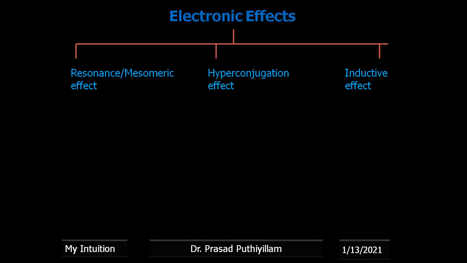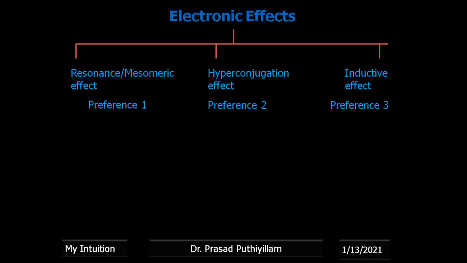Therefore, if you consider an organic molecule which has all three types of possible electronic effects, we always give first preference to the resonance or mesomeric effect, second preference to hyperconjugation, and third preference to the inductive effect. This is because the resonance or mesomeric effect is distance independent, whereas the inductive effect is distance dependent.